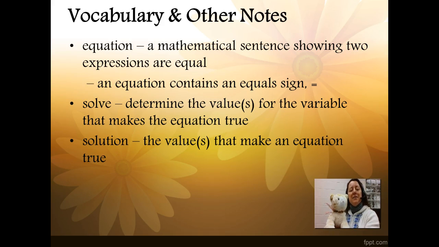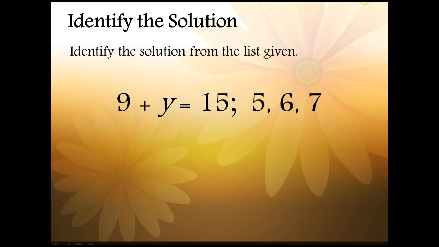Okay, then let's begin. In this first problem, we're given an equation and three possible solutions. We need to determine which one of these possible solutions is the actual solution, or the value that makes the equation true. There are different ways that you can go about this. One thing we can do is test each solution from the list by plugging it into the equation.